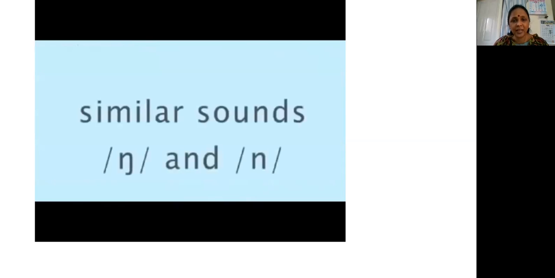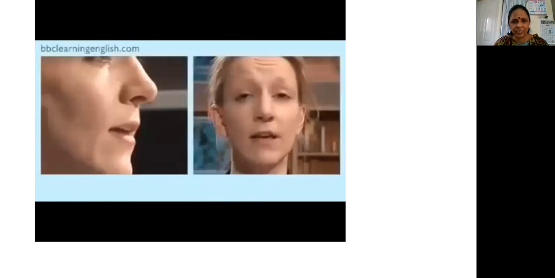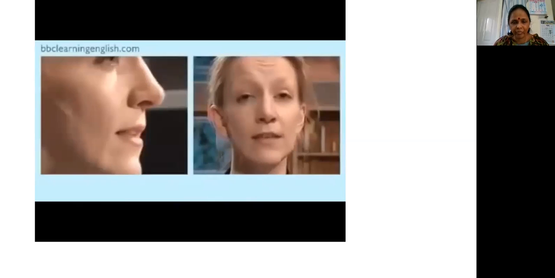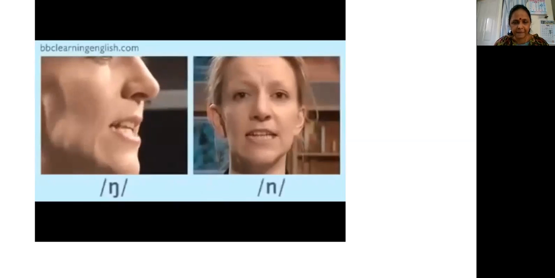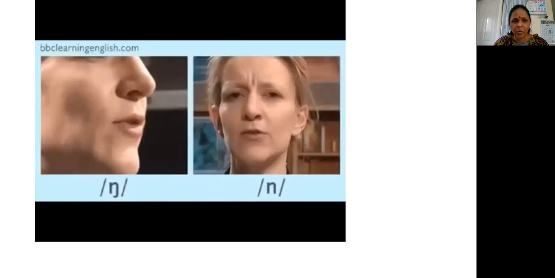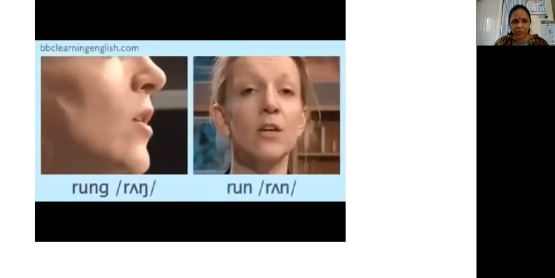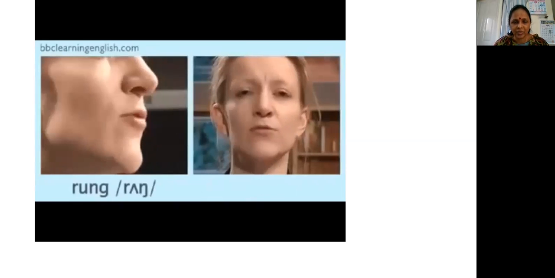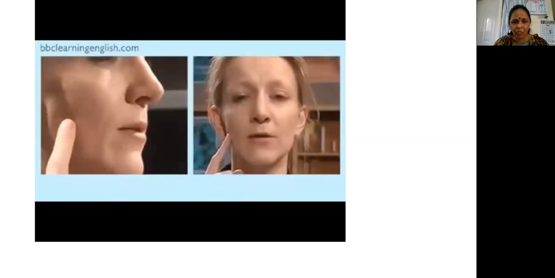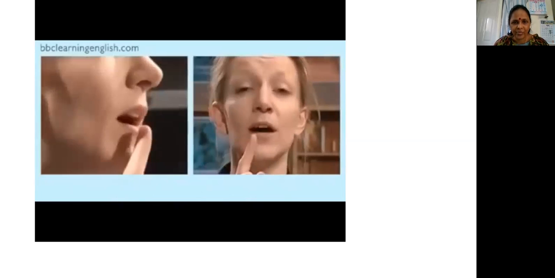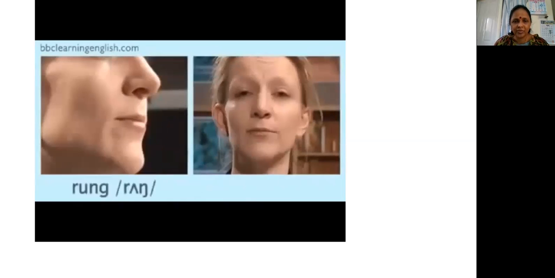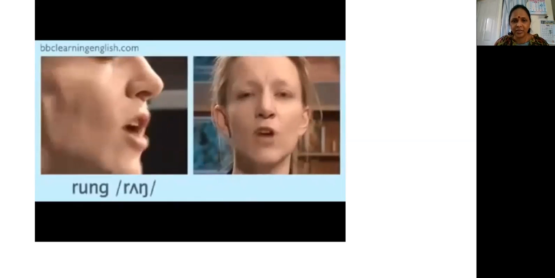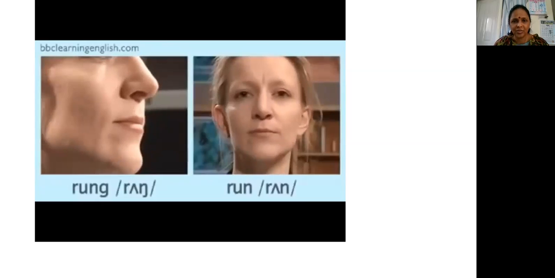More practice with ing and now it n. can be difficult to hear the difference between this sound and another similar consonant. Listen carefully. Wrong, Wrong, run, wrong, wrong, run. run. Now n is made at the back of the mouth and n is made behind the teeth. Now you try. Listen and repeat. Wrong, Wrong, wrong, run, wrong, wrong, wrong. run. Now let's have some more examples.